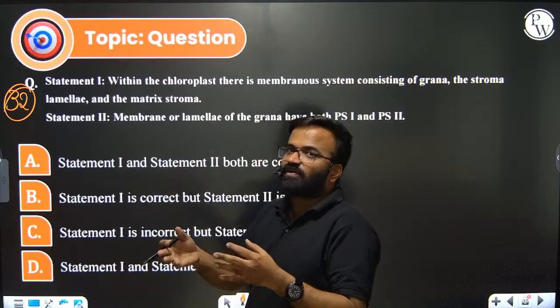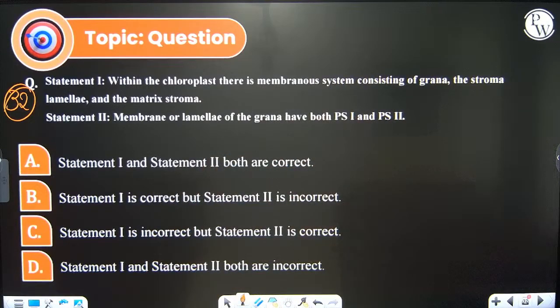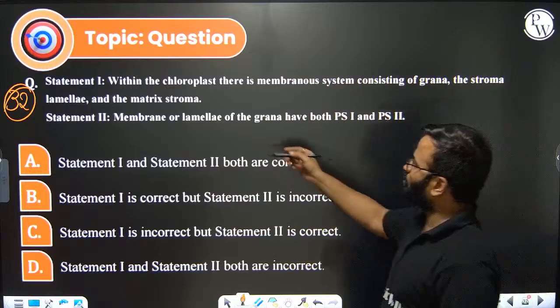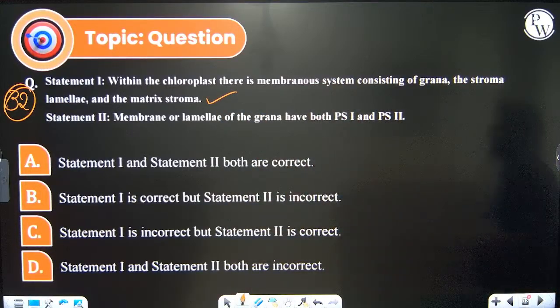He's not including that as part of the chloroplast. So it is a direct statement from the NCERT. I'll go with the first statement as true. Let's see the second statement. Membrane or lamella of the grana have both PS1 and PS2.